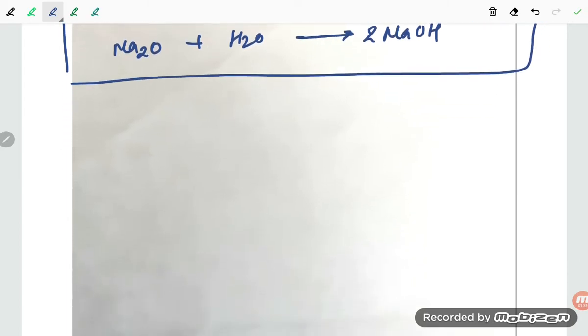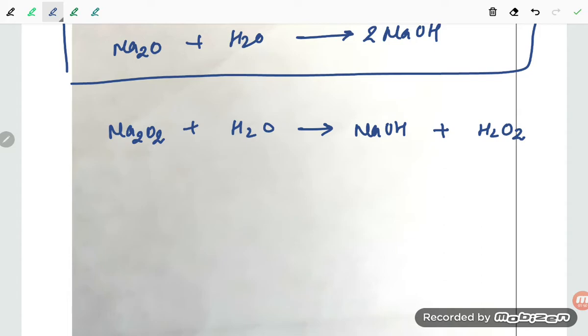Now go for the next one, peroxide. Peroxide is Na2O2. If it reacts with the water molecule, it will give two compounds. First is NaOH, and then hydrogen peroxide, H2O2. Now we have to balance this equation. Two sodium are there, so put 2, and then oxygen is 2 on the left and 4 on the right, so multiply by 2.